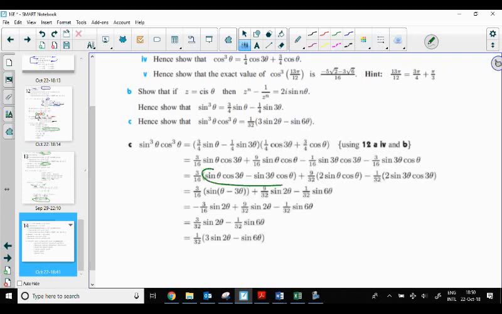So I see that happening here. So that's where this theta minus 3 theta is coming from. Now theta minus 3 theta is negative 2 theta. So this is sine of negative 2 theta, which becomes negative sine of positive 2 theta. And from there, we're just going to combine like terms, and we got it.